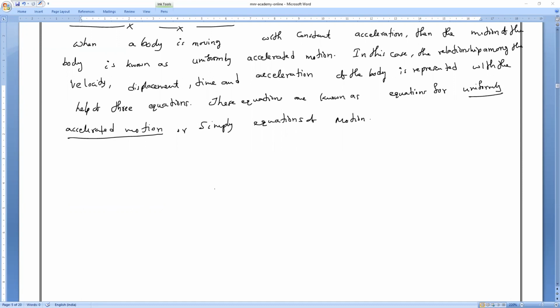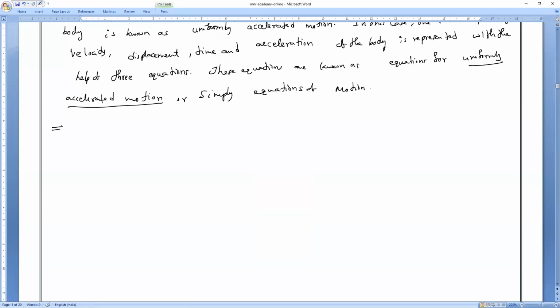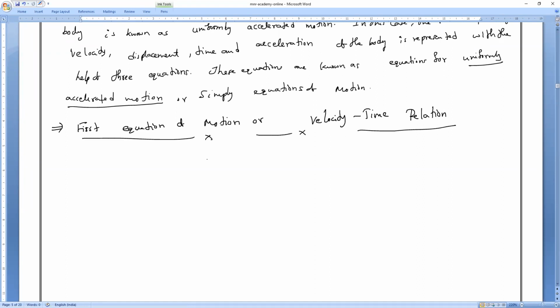So the first equation: V equals U plus AT. Everybody read: V equals U plus AT.